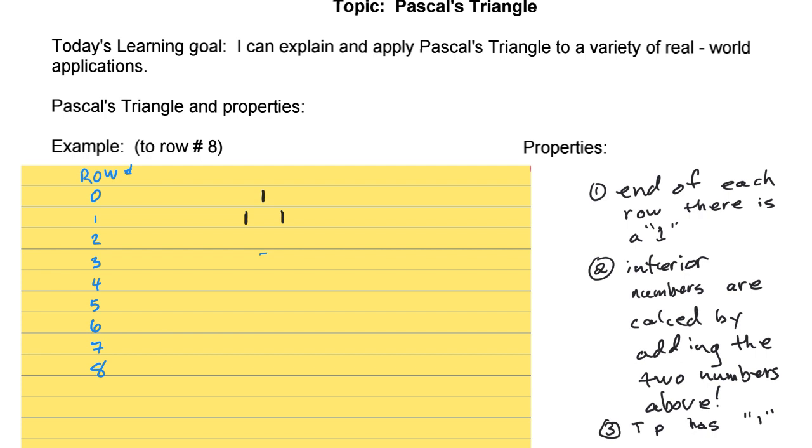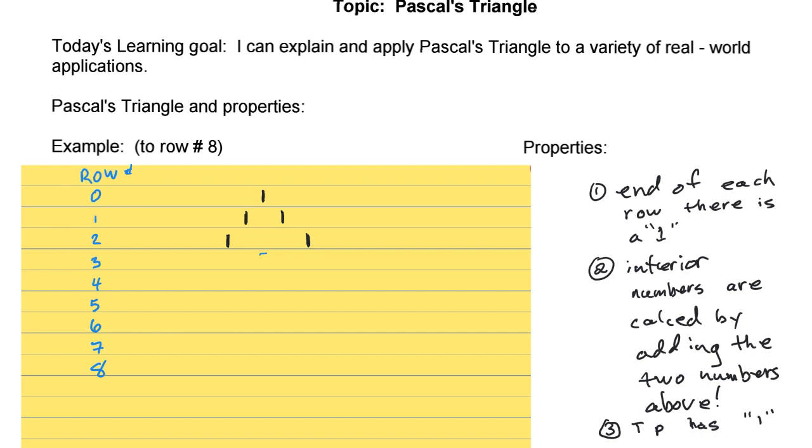Okay? Now, the same will be done for row 2. But remember what I said. The interior numbers of our triangle have to be calculated by adding the two numbers directly above.